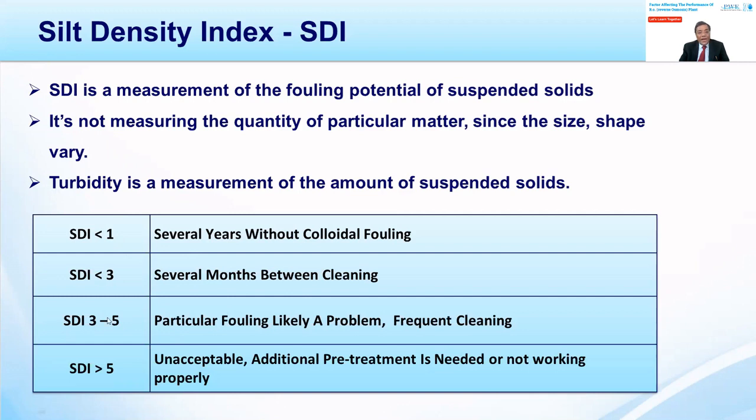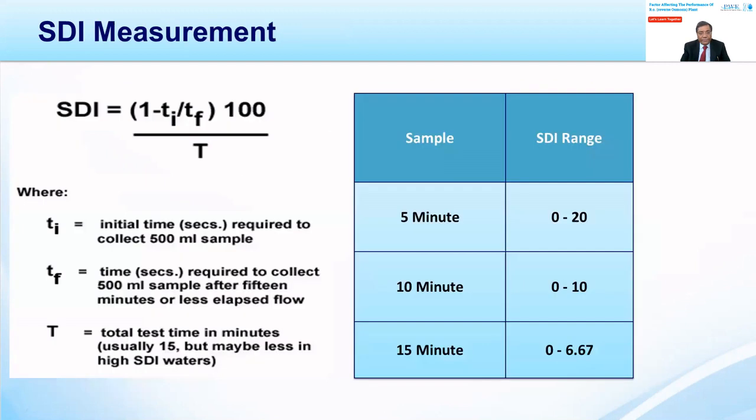If SDI is 3 to 5, particulate fouling is likely, a problem, and frequent cleaning is required, and greater than 5 SDI is normally unacceptable, and we need to improve the pretreatment. That depends on what type of particulate matter is present in the feed water, and we have to design the system accordingly to ensure that SDI is below 5.